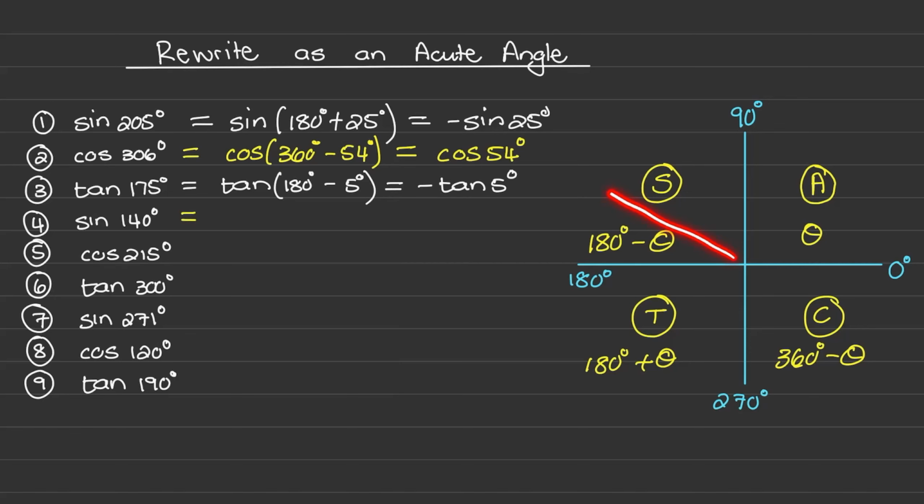Next, we have sine of 140 degrees, which is somewhere in the second quadrant. We know that sine is positive in this quadrant, and that we can rewrite 140 as 180 degrees minus 40 degrees. That reduces to positive sine of 40 degrees.